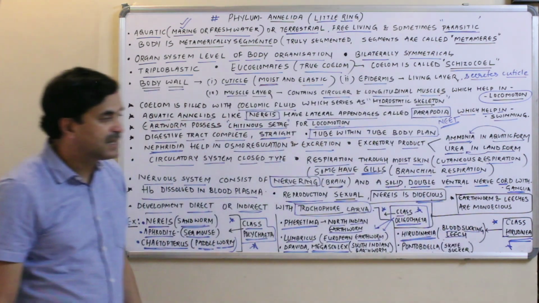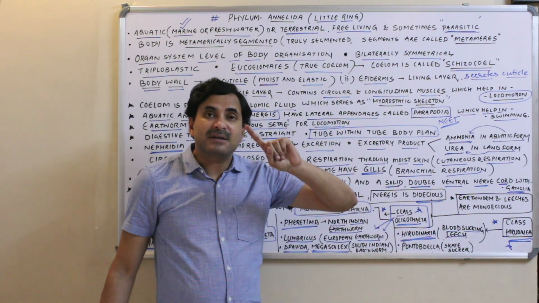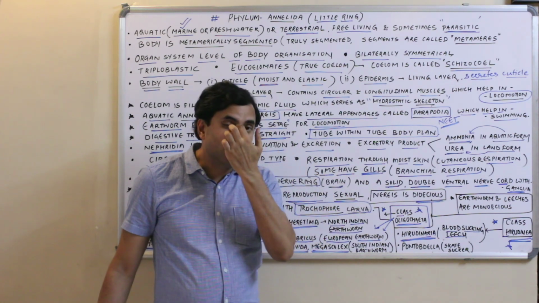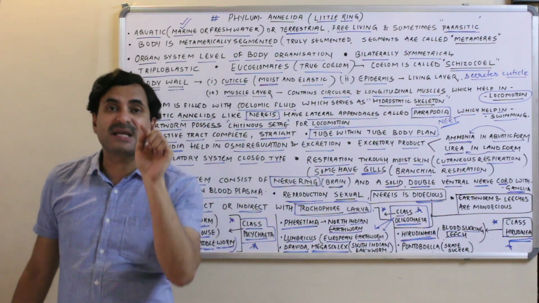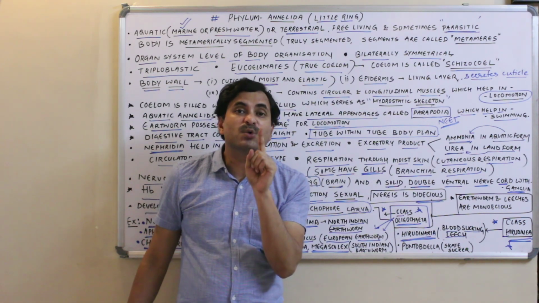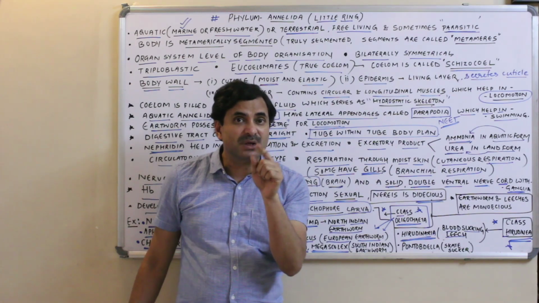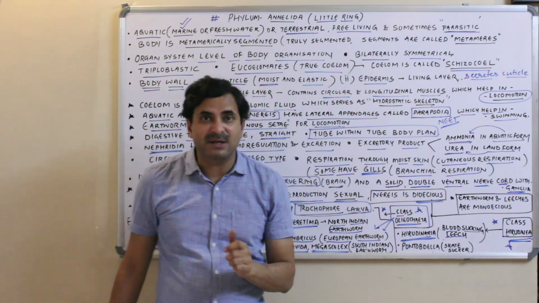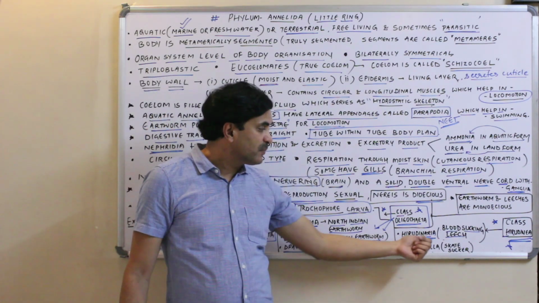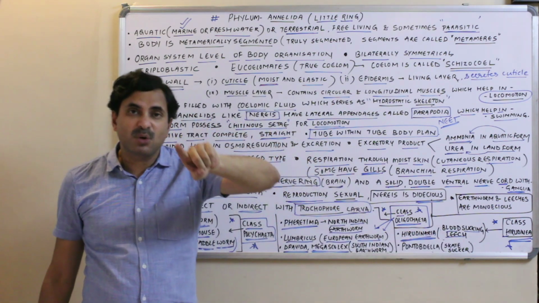The characteristic feature of Hirudinaria is that, because they are blood suckers, they have an anticoagulant in their saliva, called hirudin. Because when the blood comes out it would clot, so to avoid that, the anticoagulant hirudin found in the saliva of the leech does not allow the blood to clot.